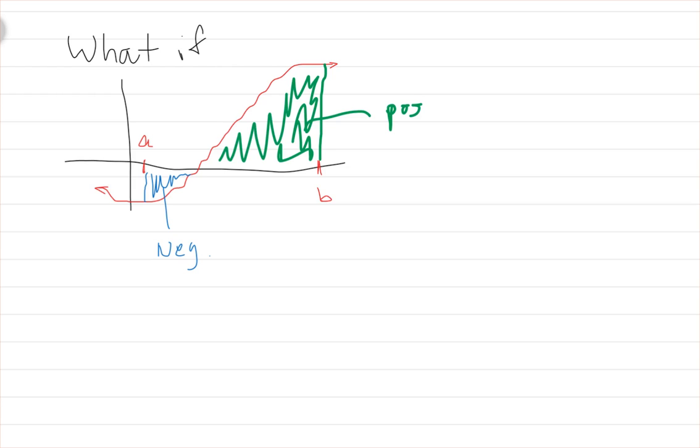Well, it's pretty simple actually. We can go in here and find this point. There's a magic point. Okay? C. And C is where f of x equals 0. Now, follow along here.